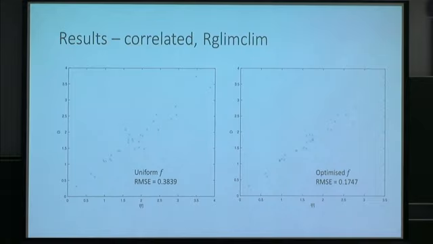So we've trained our model using our Markovian rainfall, and then used rglimclim data to test it. We find that the root mean square error from the uniform f to the optimized f is better. However, this one is quite sensitive to big outliers. There's more testing to be done on real data sets.